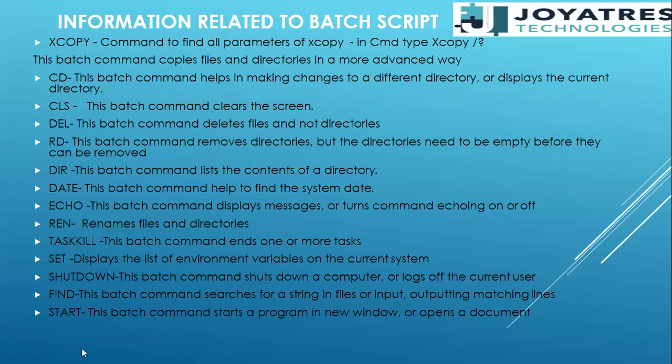Set is going to display the list of environment variables in your current system. Shutdown will shut down your computer or log off the current user. Find will help you search for a string in files or output matching lines. For example, there is a word vowel, and if you want to search for O in vowel, with the help of the find command you can do it.